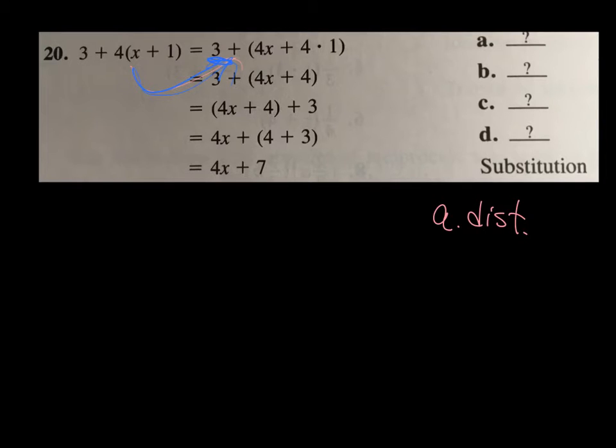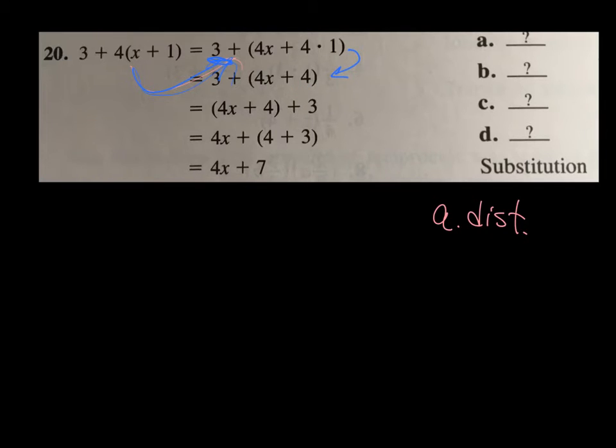Now, the next question is this. If I want to know what goes in the spot for B, what gets you from this line to this line right here? So again, look up please. How come you're allowed to rewrite this statement as this statement? What allows you, Hannah? Multiplicative identity.